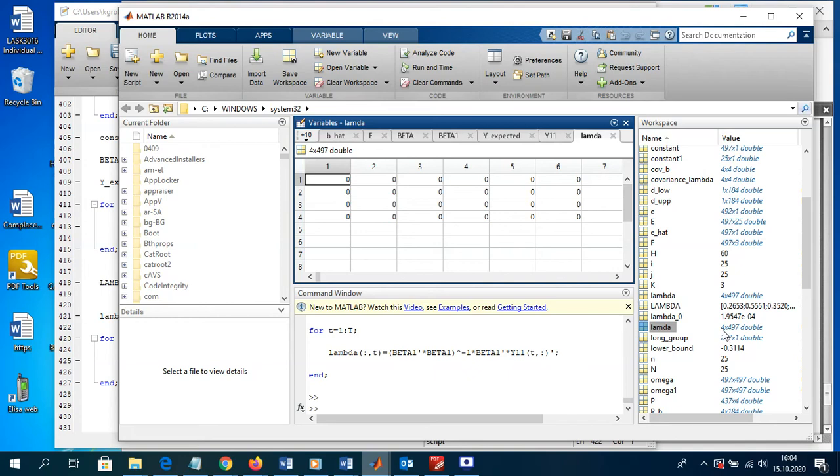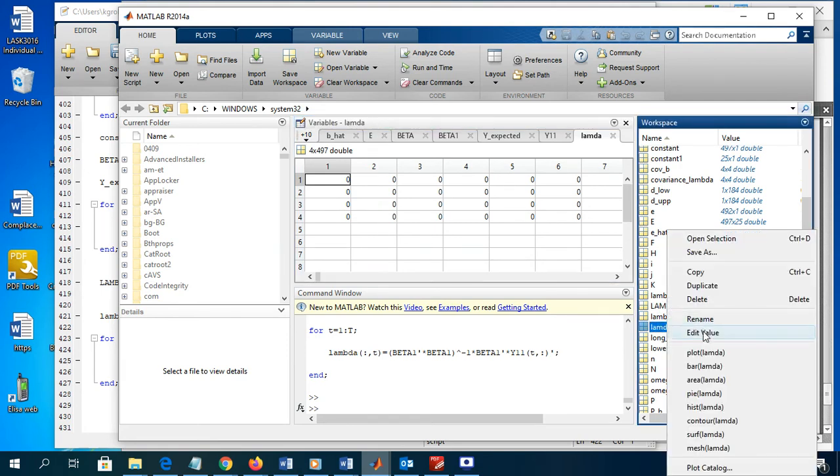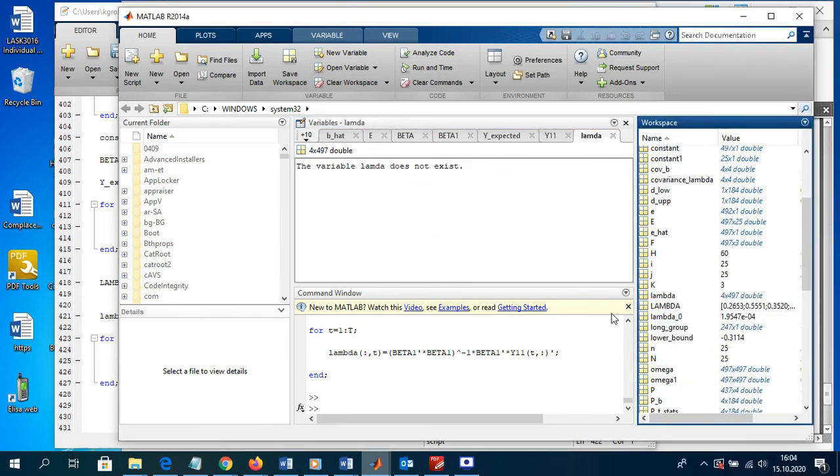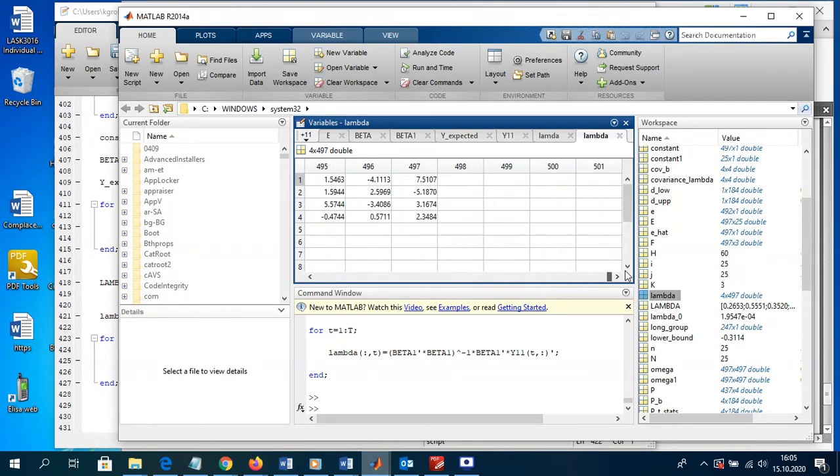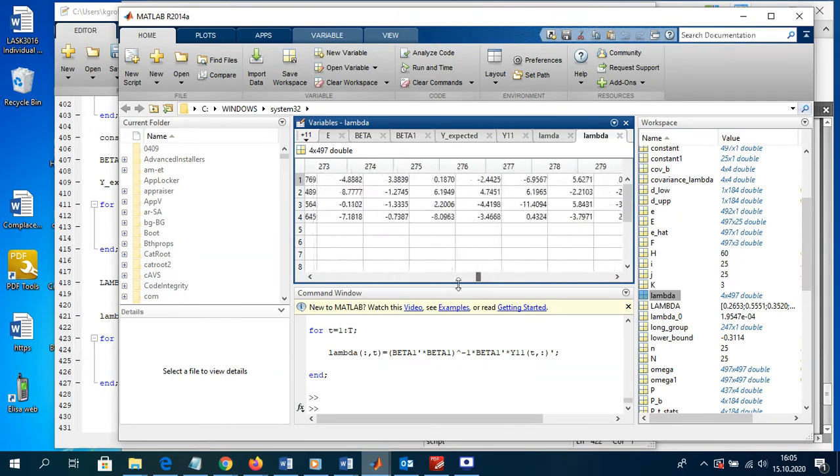So we see it's a 4 by 497 matrix, but okay, this is the wrong lambda. We can delete it. It's lambda with a b in between. So here we have it. So we have here for each point in time, 497 time series observations.